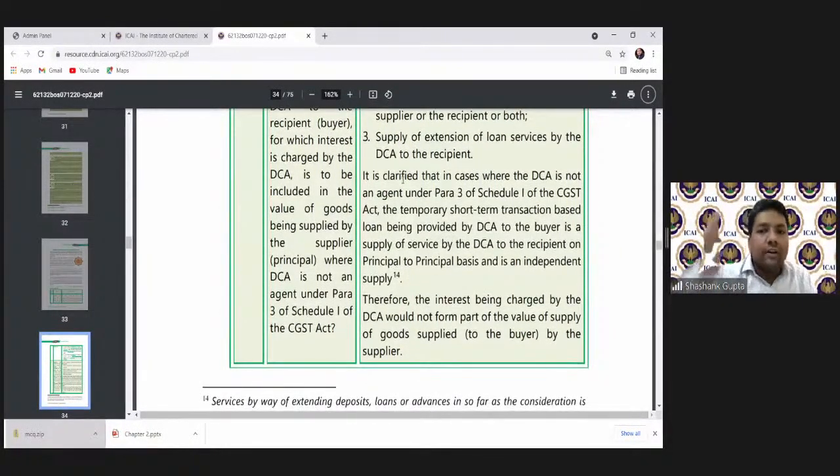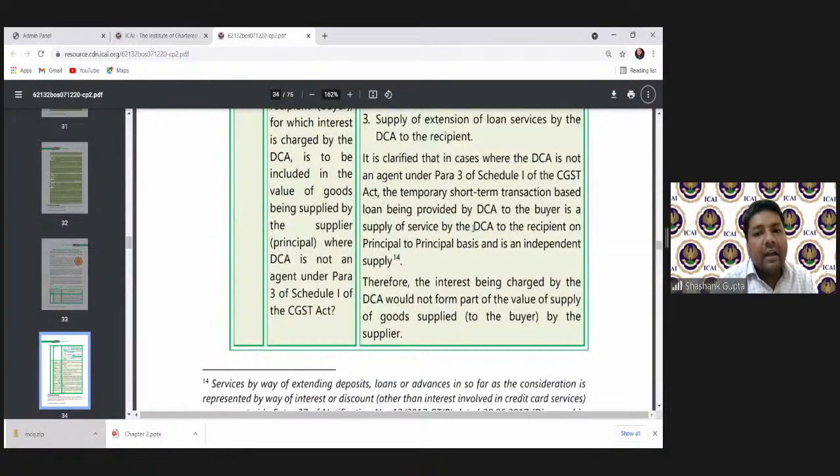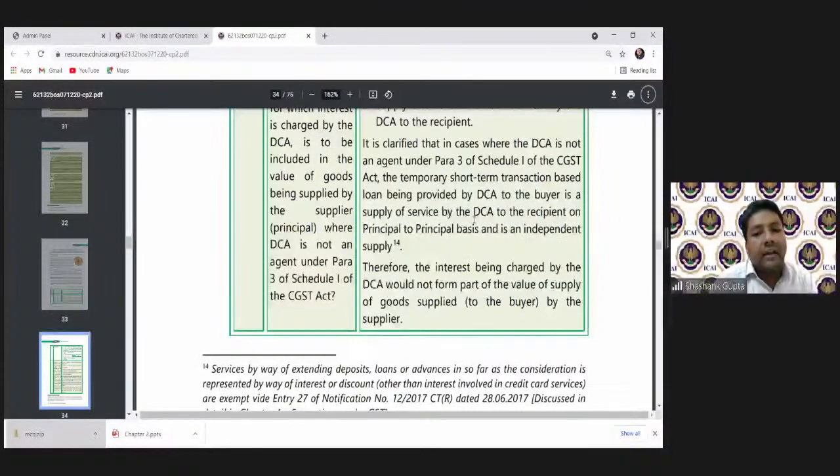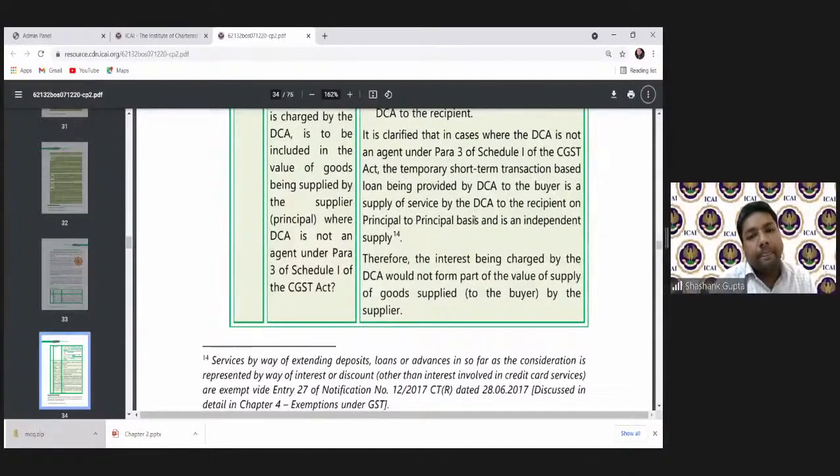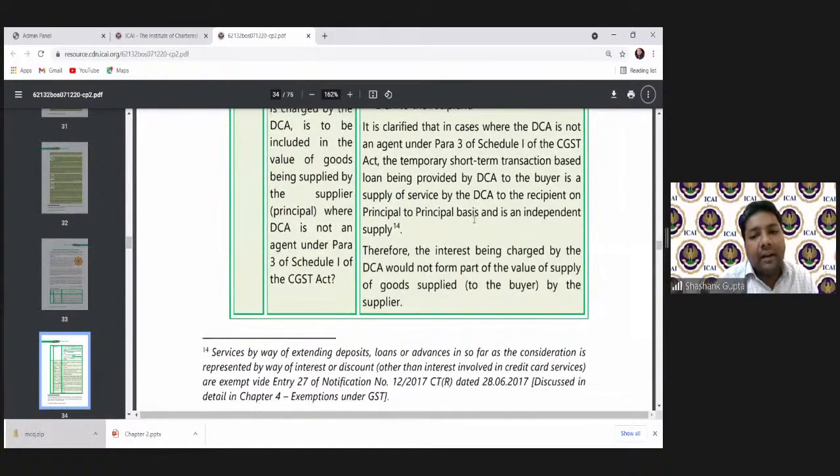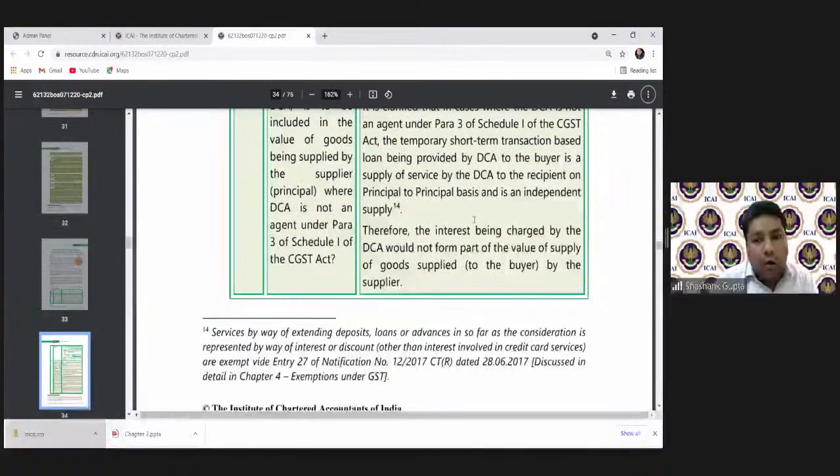The temporary short-term transaction-based loan is a supply of service by the del credere agent to the recipient, on principal to principal basis, and is an independent supply. And therefore, interest being charged by DCA would not form part of value of goods supplied to the buyer by the supplier.